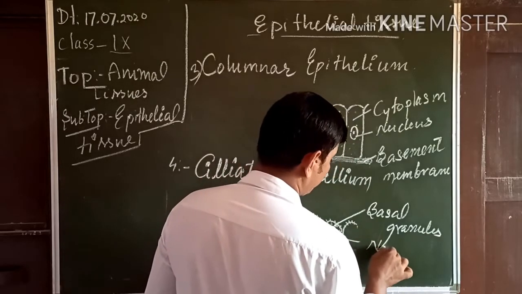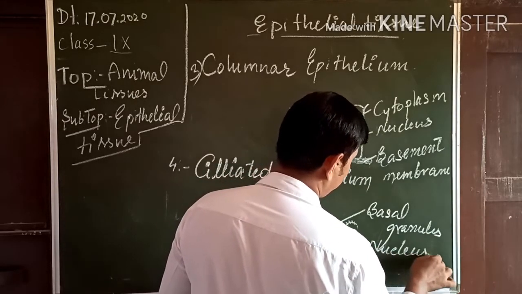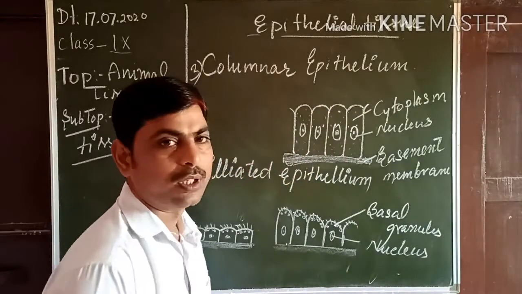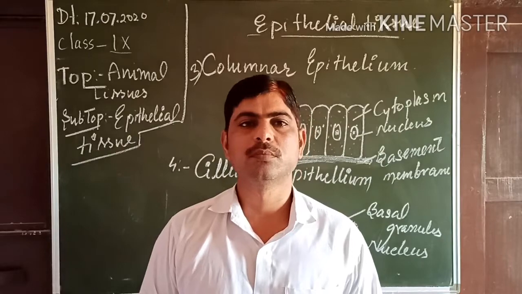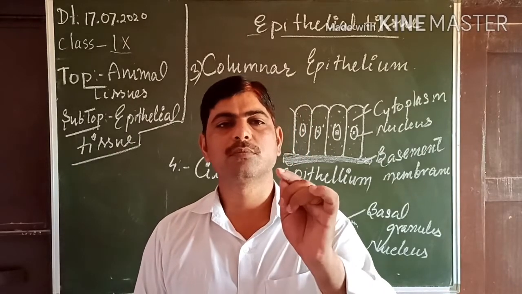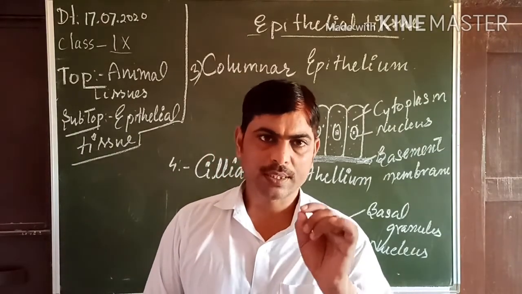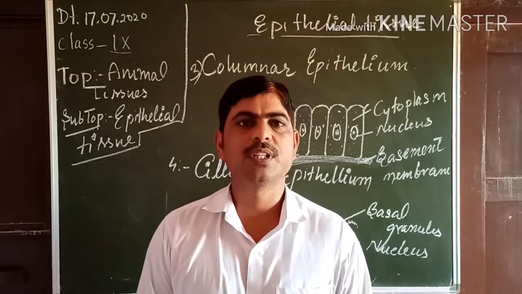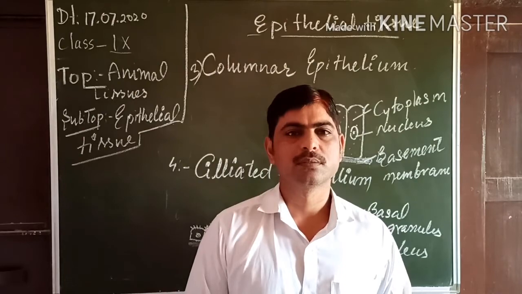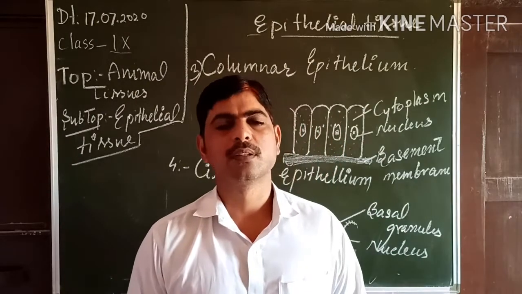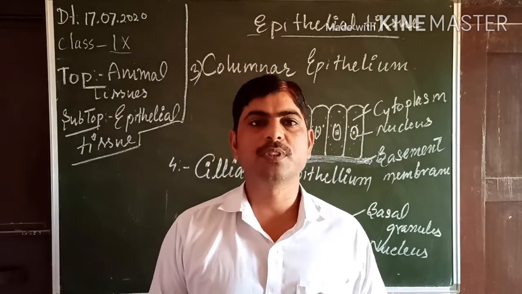This is the nucleus, as you already know in both. Ciliated epithelium is nothing special except that it has small cilia-like structures at the top, and these cilia help in movement.